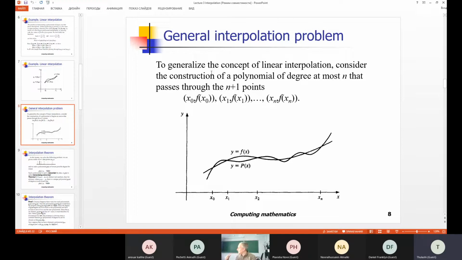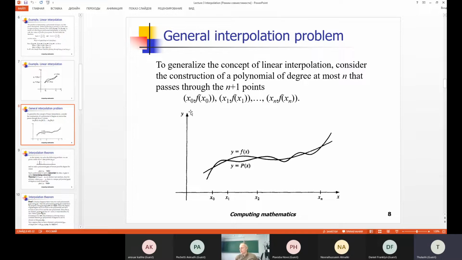In our first case, we considered a linear polynomial that passes through 2 points. A linear polynomial is a polynomial of degree 1. And for a polynomial of degree 1, we should know 2 points. And for a polynomial of degree n, we should know n plus 1 points to find the polynomial.